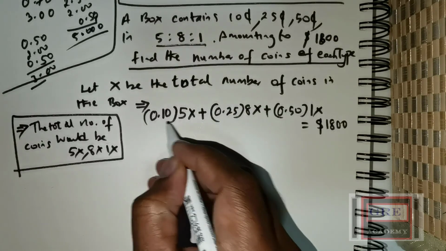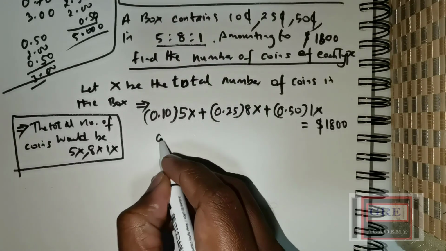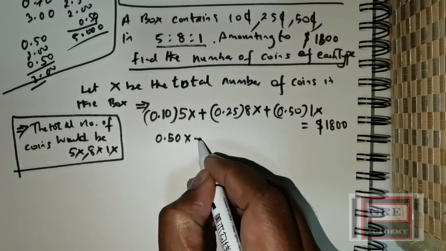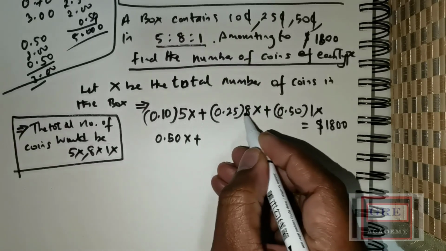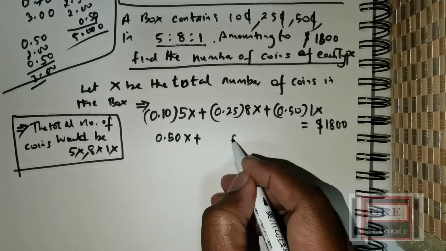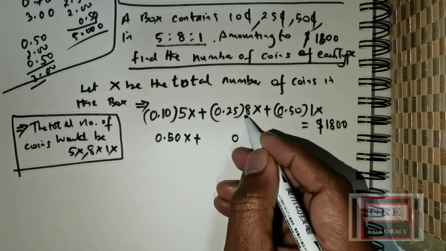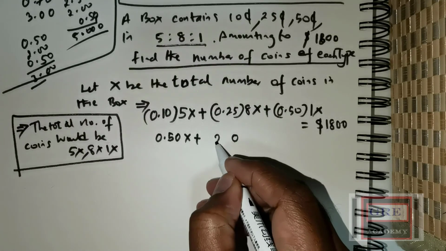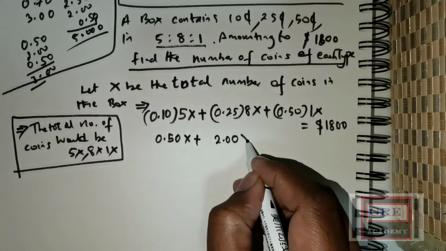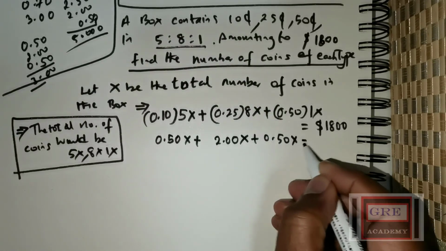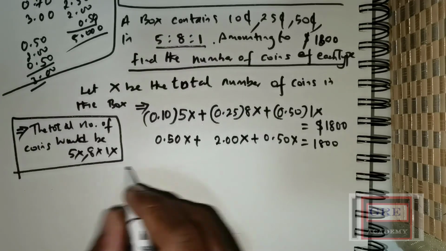Now 0.10 multiplied with 5x would give me 0.50x, plus 0.25 multiplied with 8x would give me 2.00x. 8 5s are 40, 8 2s are 16, that is 2.00. Plus 0.50x is equal to 1800.